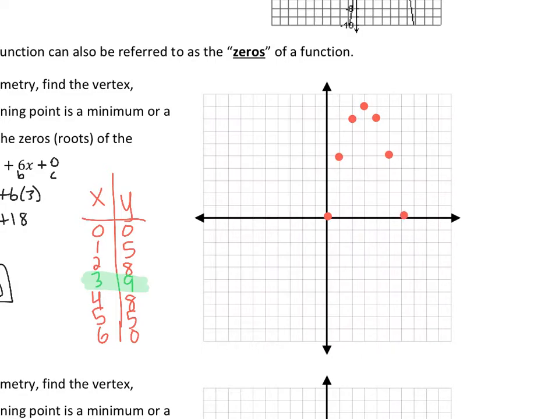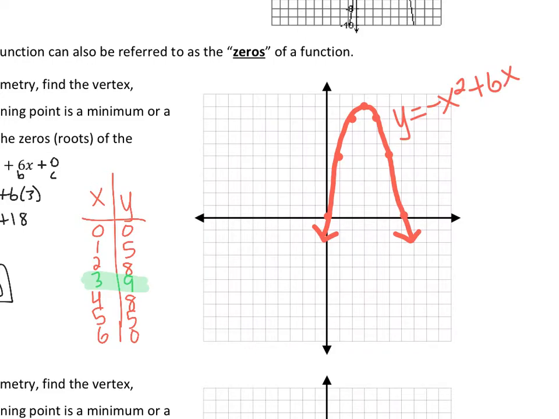And 6, 0. This isn't an interval, so this will get arrows. Okay. It's always good practice to label your graphs. Y equals negative x squared plus 6x.